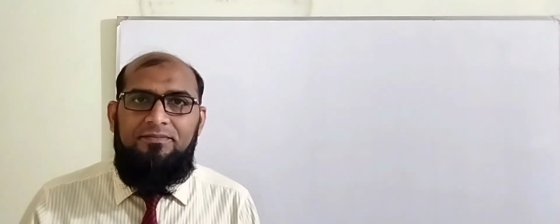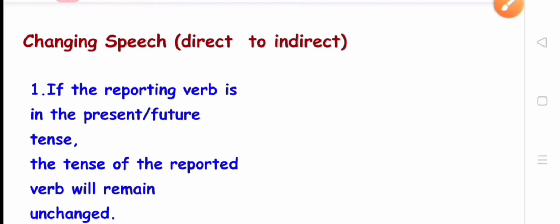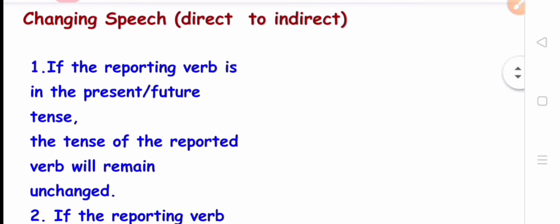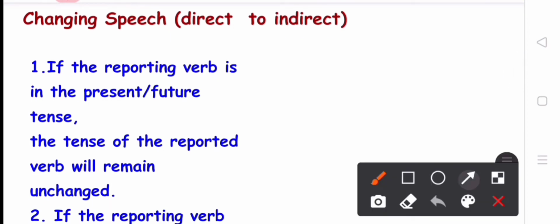Let us have a look at two important things about changing speech, direct speech to indirect, before going to our scheduled practice. If the reporting verb is in the present or future tense, then the tense of the reported verb will remain unchanged.